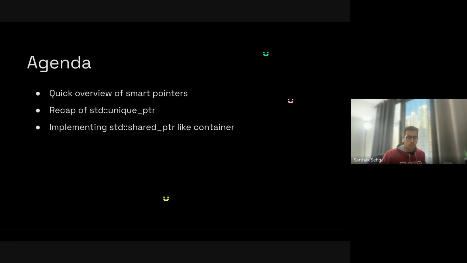The reason it's quite important to understand how these work under the hood is to know, whenever you're writing a std::shared_ptr or a std::unique_ptr, what is the cost associated with that container. For one, we need to differentiate when to use a unique pointer versus when to use a shared pointer.